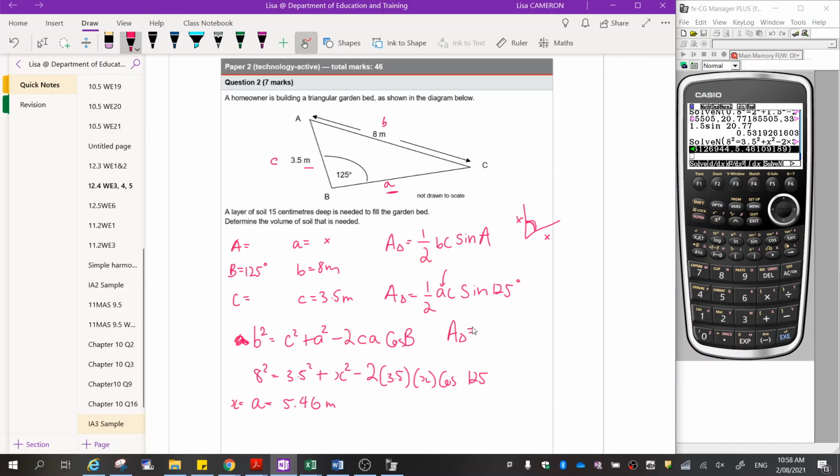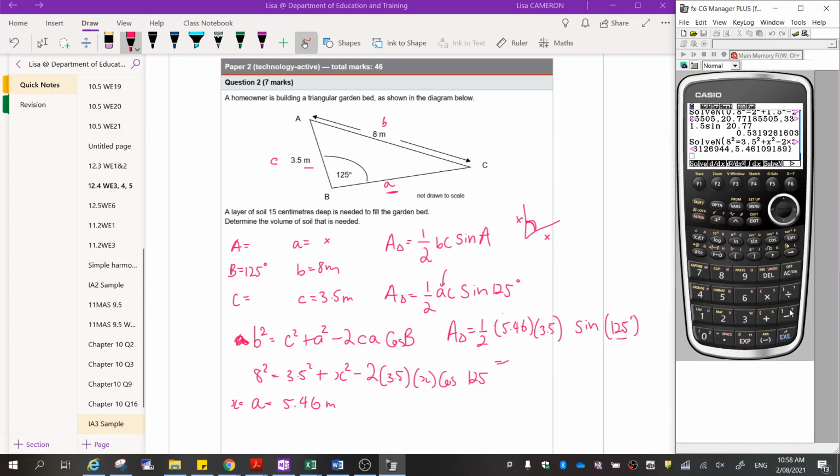So the area of the front face is equal to a half of 5.46 times c, which is 3.5, sine of 125. Now, this is in degrees, so make sure that your calculator is also in degrees.